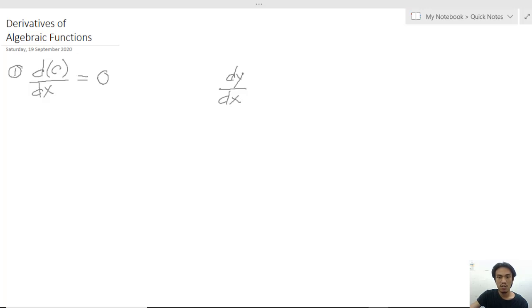This is talking about the change in the value of y due to the change in the value of x. So one way or another, the change in one value will affect the value of the other quantity in the same function.